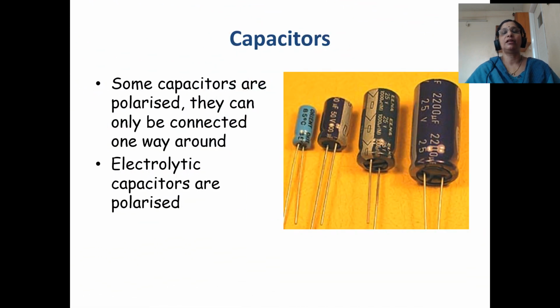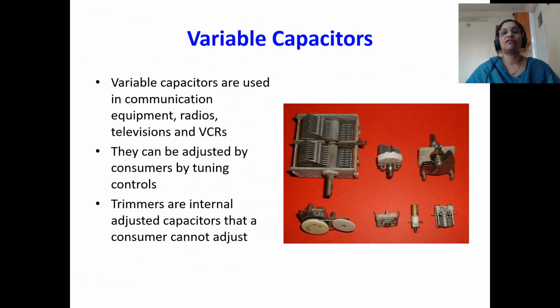These are electrolytic capacitors. Electrolytic capacitors are also polarized, so they have a negative plate and have to be connected only in the appropriate direction in any circuit. These are variable capacitors, in which the value of the capacitance can be changed.